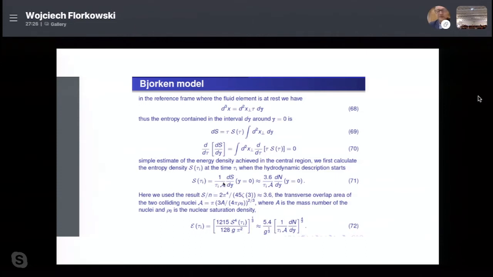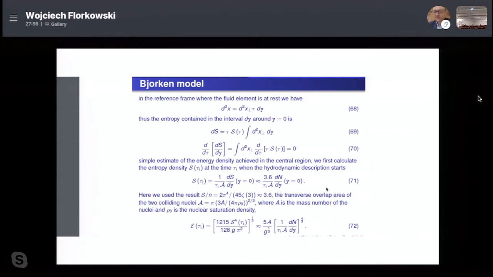And the transverse area of the system is just obtained from a pure geometric argument. This is the area of the projection of the sphere, which represents the nucleus. So we can easily calculate it and determine it by the atomic number and the nuclear saturation density. So we have some estimate of the initial entropy density at the initial time.